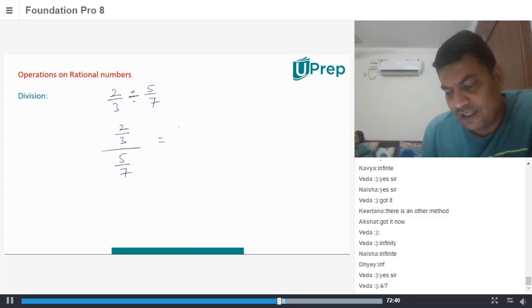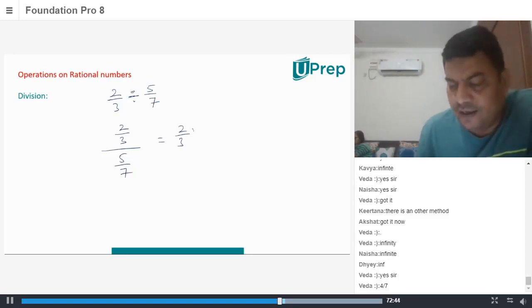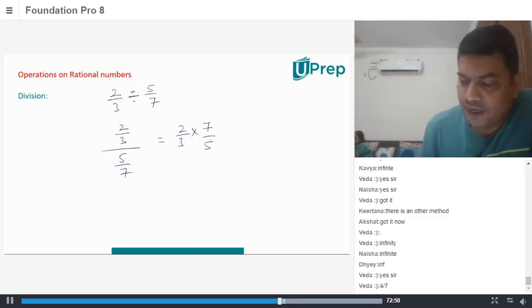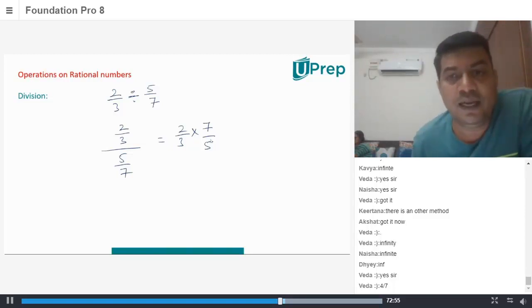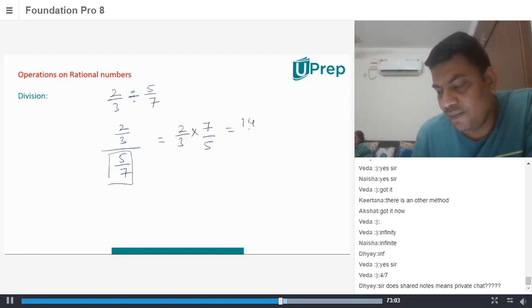This 5 by 7 reciprocates to 7 by 5, and then you have to do 2 times 7 and 3 times 5. So 2 by 3 divided by 5 by 7 will be 2 by 3 into 7 by 5. This reciprocates. Therefore, this will give you 2 sevens of 14 by 3 fives of 15.